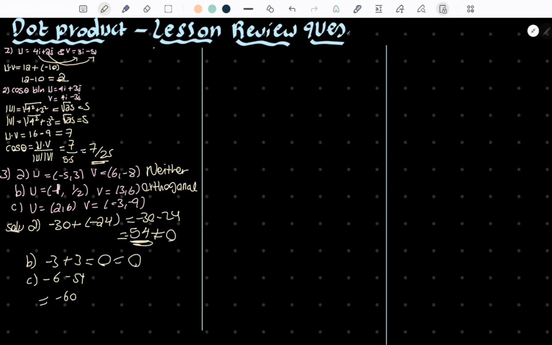But one step I forgot is we need to make sure that the dot product is not equal to the product of their magnitudes, because if that is the case, then it is neither orthogonal nor perpendicular, but actually parallel. So for this one, let's check if the product of their magnitudes is equal to the dot product. Their product will be 60.